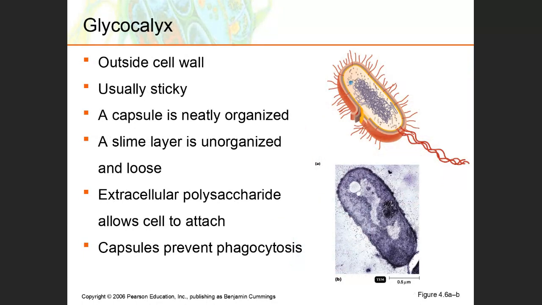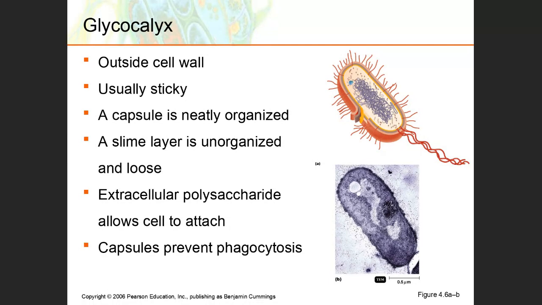So many bacteria have sticky structures or sticky coatings on the outside of them. And we collectively call these sticky coatings the glycocalyx, because glyco means sugar and calyx means a covering, so a sugary covering, and sugar is sticky, right? And we saw a capsule yesterday when we looked at an example of a negative stain, and we'll see that again later on in a lab next week.